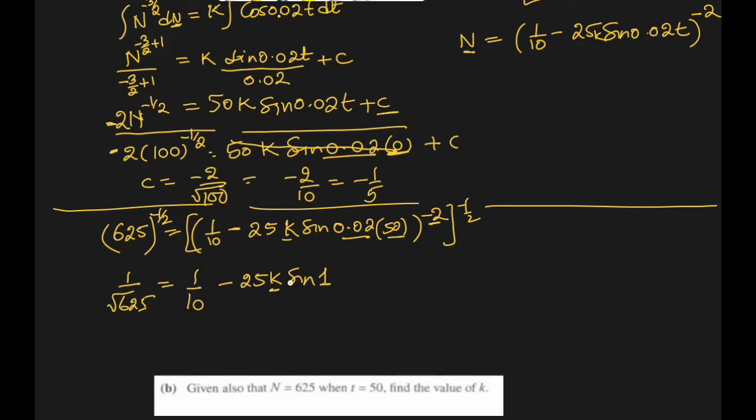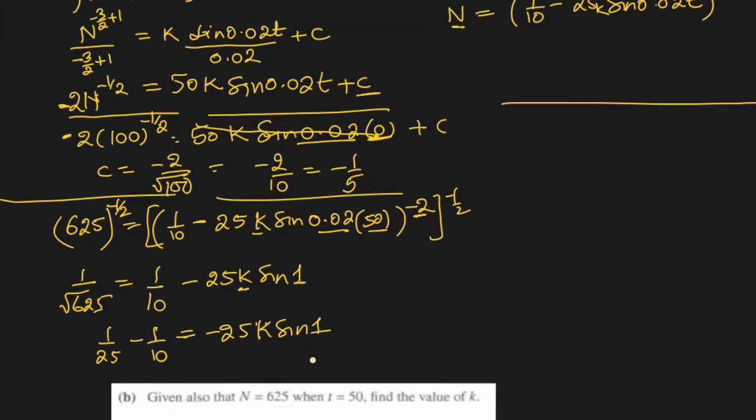We want to isolate this, so this goes there first. So 1 over 25 is this, minus 1 over 10 equal to negative 25k sine 1.